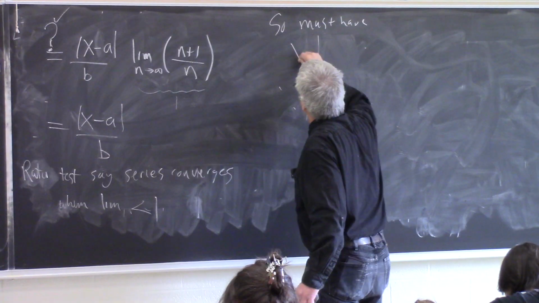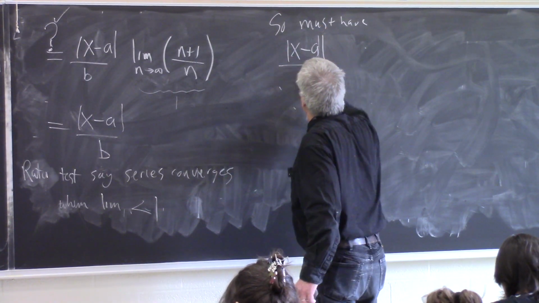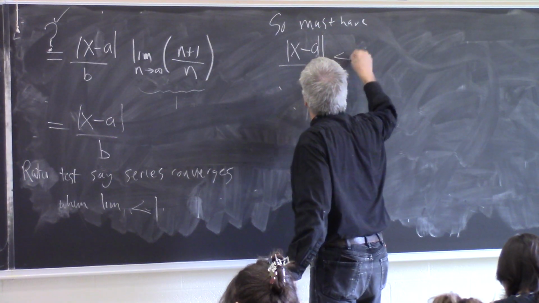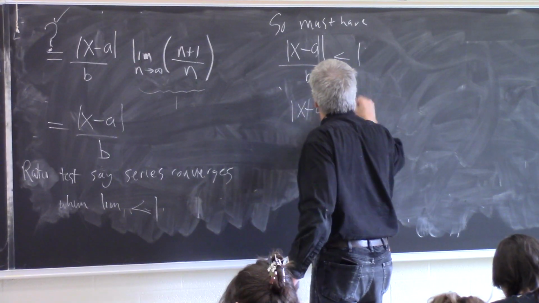We must have the absolute value of x minus a over b less than 1. So that tells us that the absolute value of x minus a is less than b.